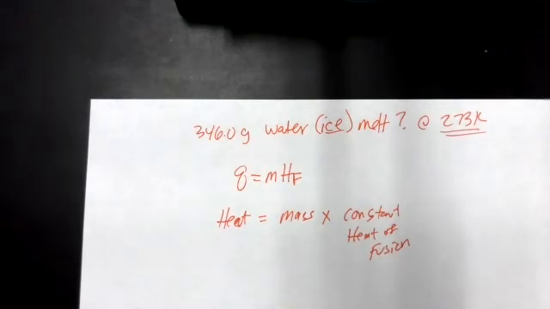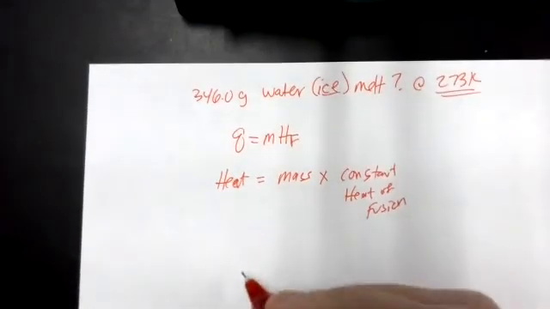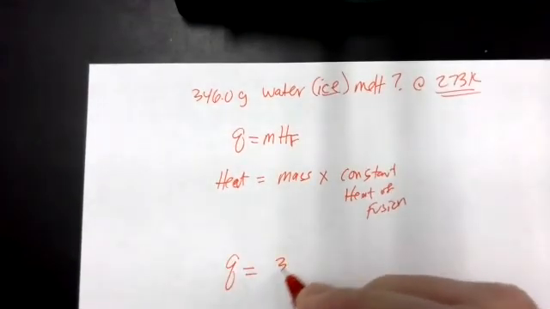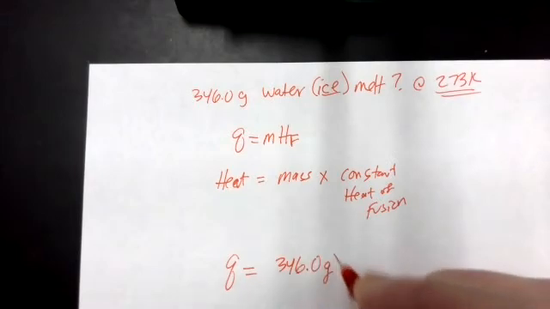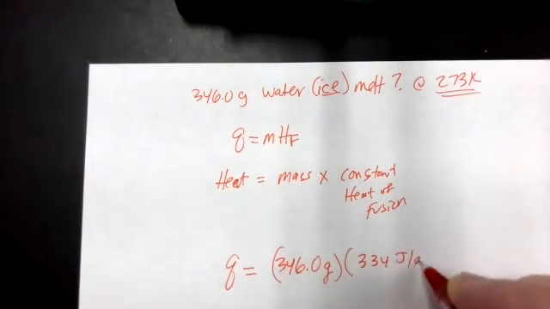So the question here is, how many joules of energy will it take to melt that many grams of ice without changing its temperature? The question is going to be written this way. Q equals 346.0 grams times 334 joules per gram.